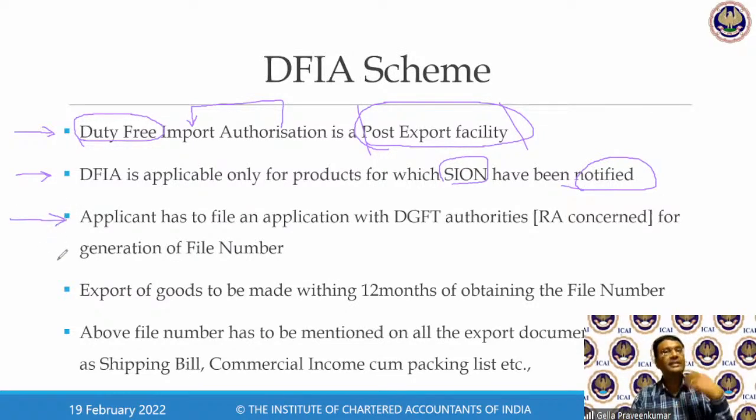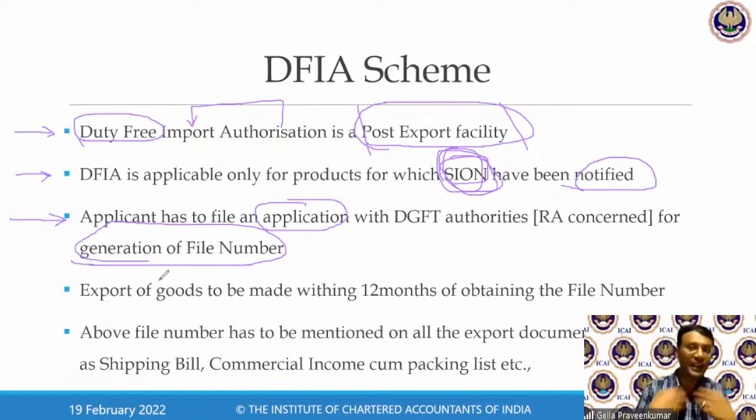Who is interested in this scheme called DFIA? What will I do? First, I'll declare myself, saying, sir, look, I'm a manufacturer. I have so-and-so process, and this is my SION. I go to the particular RA concerned, and I make an application with DGFT authorities for generating a file number.